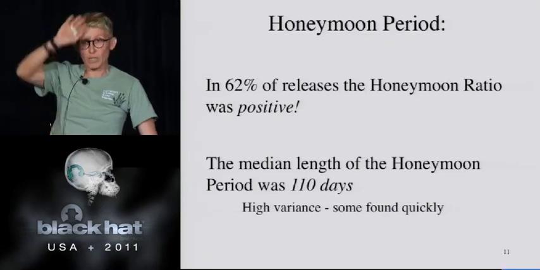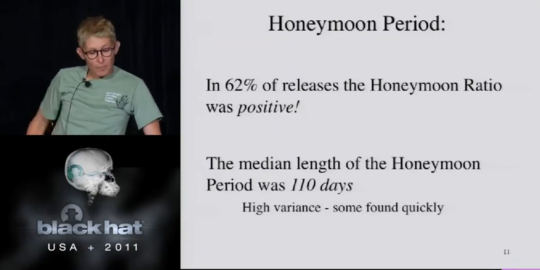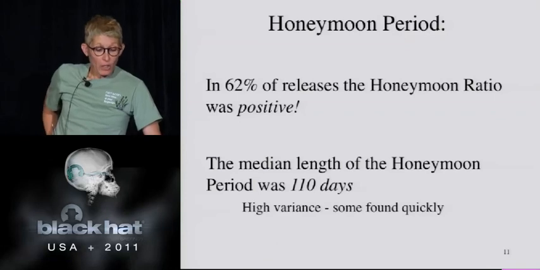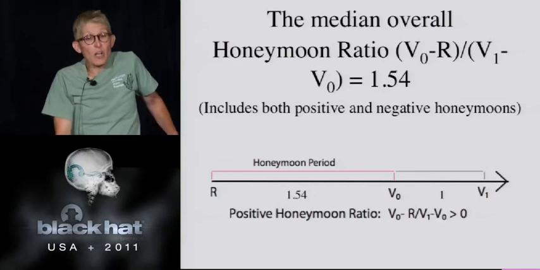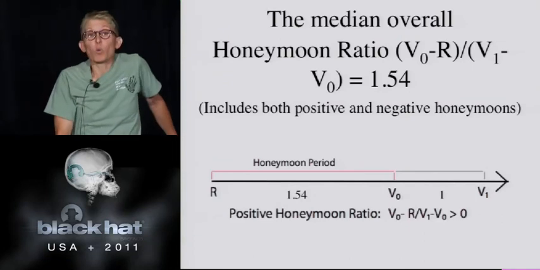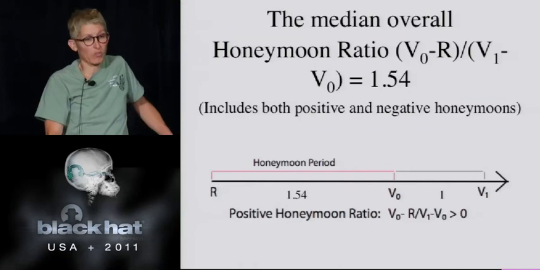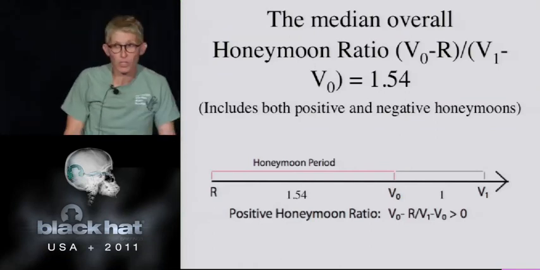We didn't look at all later on in the life cycle. This is just very early. And even more importantly, they take a lot longer to find than it takes to find the second vulnerability. The median overall honeymoon ratio was 1.5 times longer to find the first one than it was to find the second. And this is exactly opposite what the software reliability models would lead us to believe.